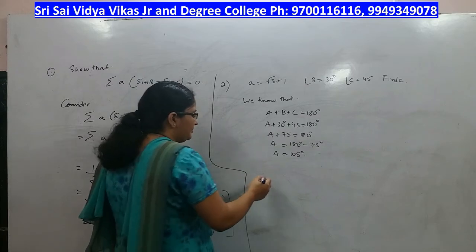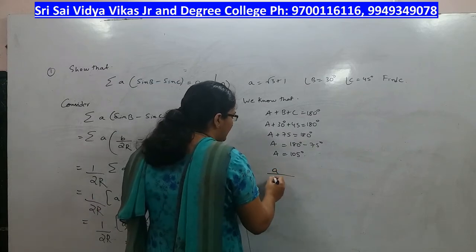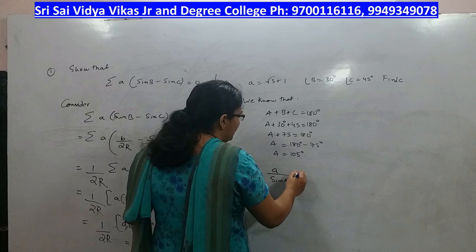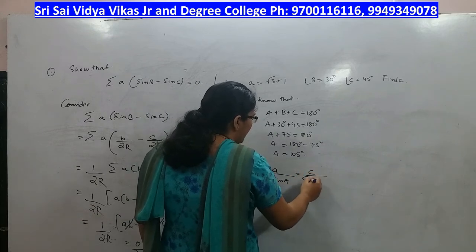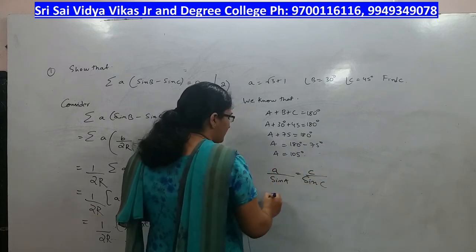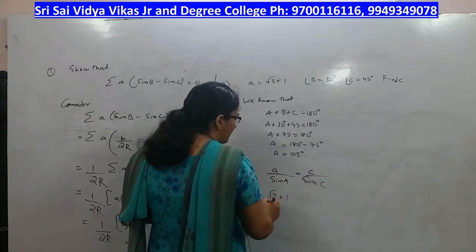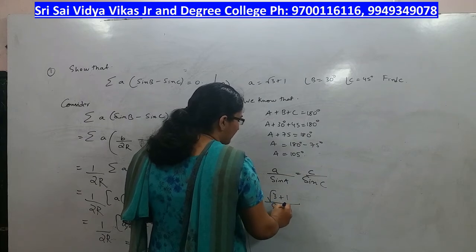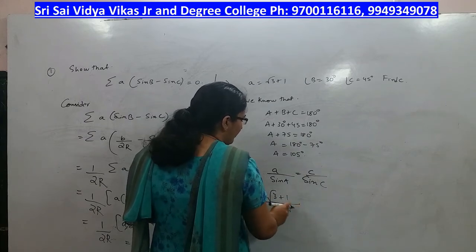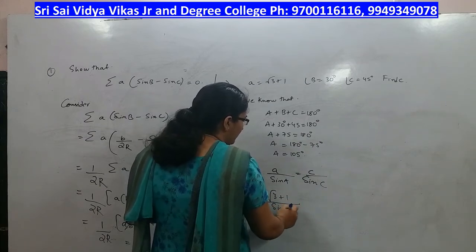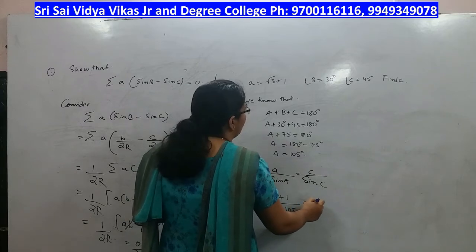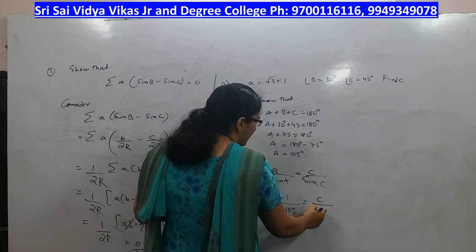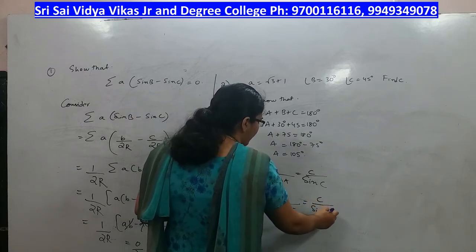We have A by sin A is equal to C by sin C. A is root 3 plus 1 by sin 105 is equal to C by sin 45.